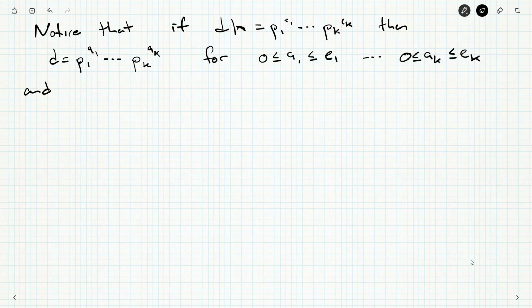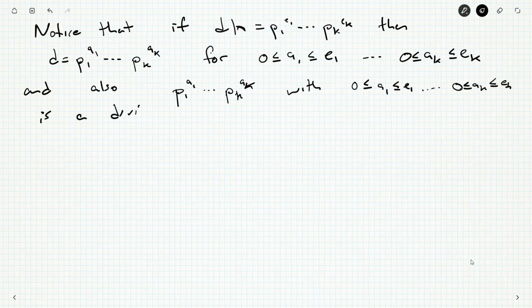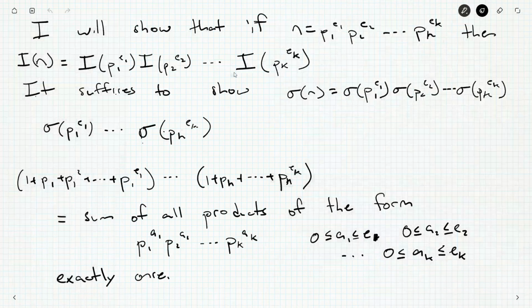And now let's show that every term in the sum is a divisor of n. Anything of the form like this is a divisor of n. Okay, so it took us a moment, but we proved the grand result.